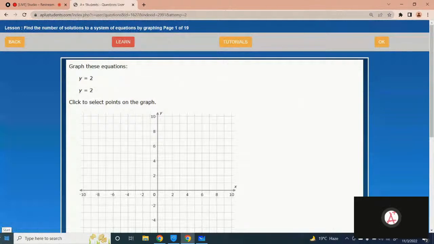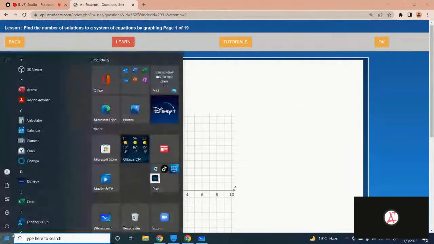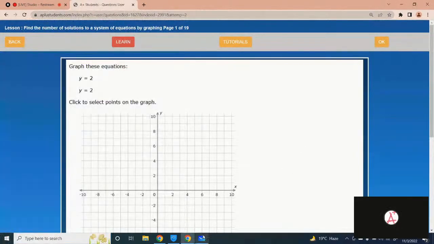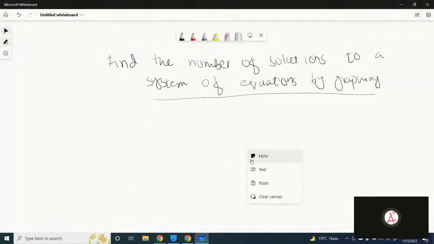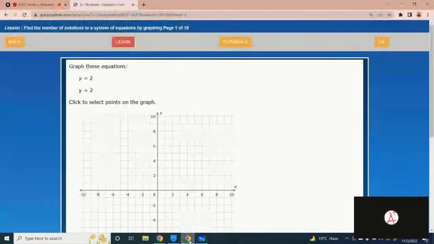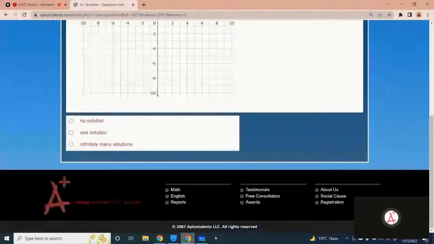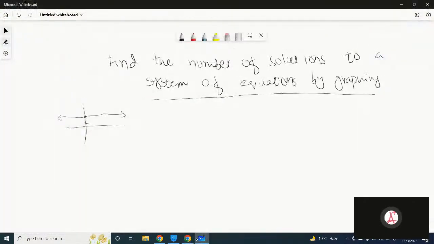Okay, so you have three equations, y equals 2. Let me draw the graph on the board. This is 1 and this is 2. This is y equals 2, so the graph is like this. Now the second equation has again the same equation, y equals 2.